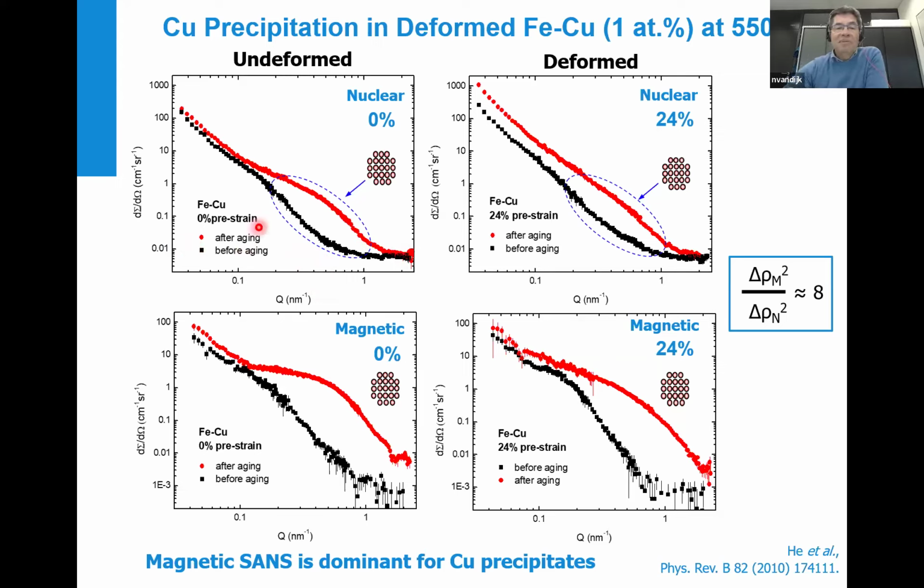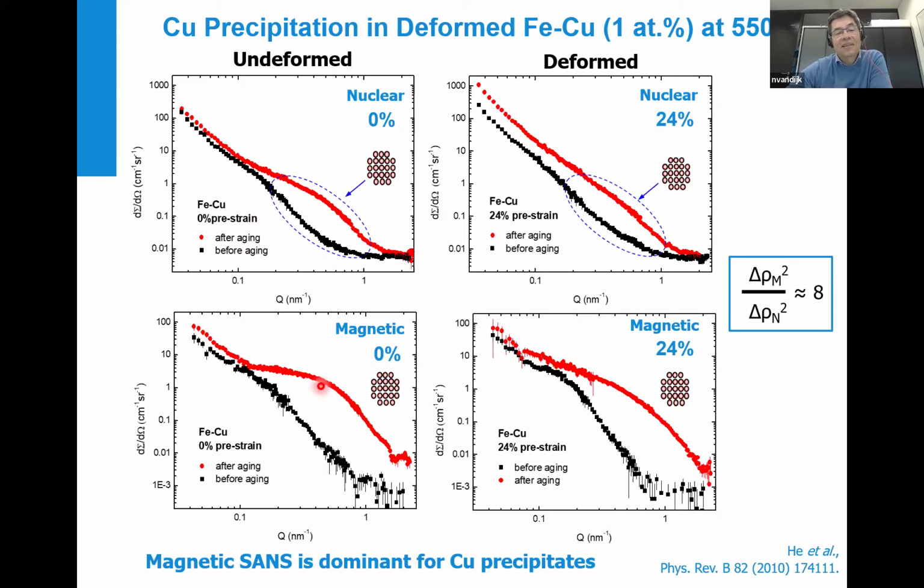We have two types of scattering: the isotropic scattering from the nuclear contrast, which is chemical in origin, and we have magnetic scattering, which originates from the difference in magnetization. The black is before aging, and the red is after aging.